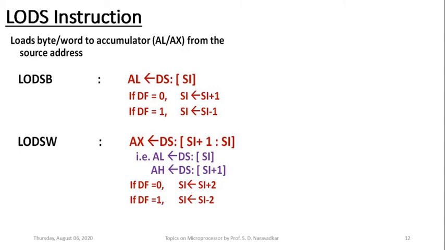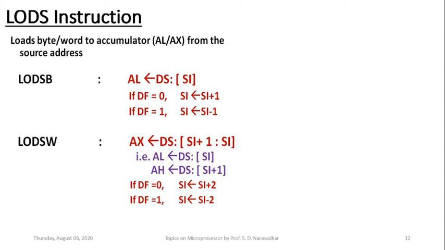You can clearly observe in case of byte variation that auto increment or auto decrement is by 1 for the index register involved. Whereas in case of word variation, that index register will be auto incremented or auto decremented by 2. It is just because a word is of 2 bytes, and a byte is always a single byte, we know.